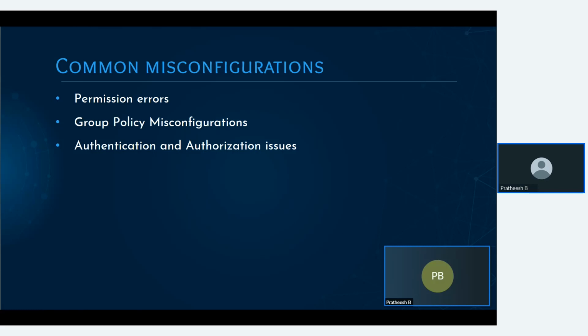And when we talk about authentication, we have to talk about DNS configurations as well, because improper Domain Name System configuration can disrupt Active Directory's functionality, leading to authentication failures, replication issues, or even the domain controller becoming unavailable. There are also underlying factors contributing to misconfiguration.